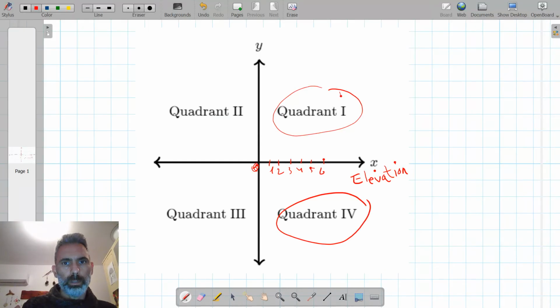Okay, and the y is the temperature in degrees Celsius. So it means that quadrant 1 and quadrant 2 are degrees Celsius above the 0, and quadrant 3 and quadrant 4 are degrees Celsius below 0.